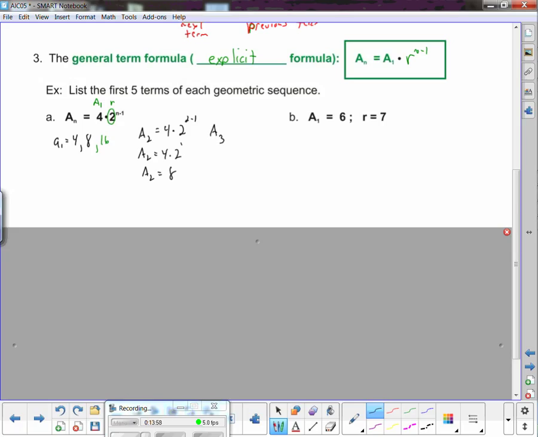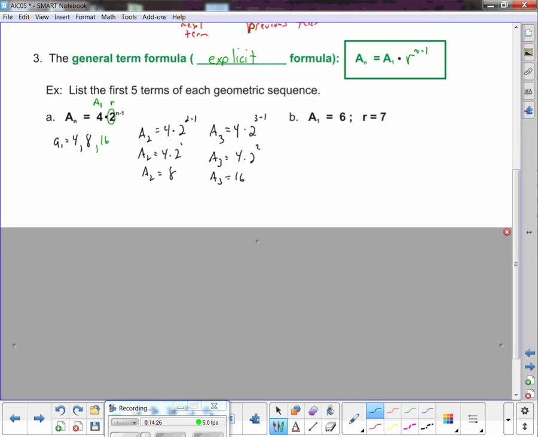So if I wanted the third term, I need to do the first term, the 4, times 2 to the n minus 1. This time n is 3. So now the third term is going to be 4 times 2 squared. 2 squared is 4. 4 times 4 is 16. Hence, the third term is 16.